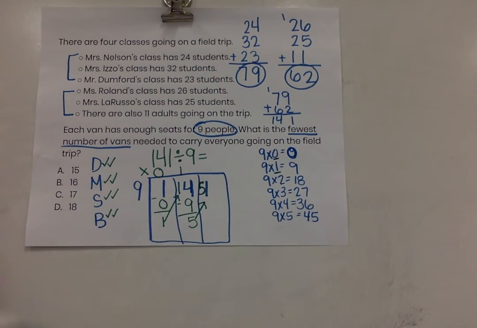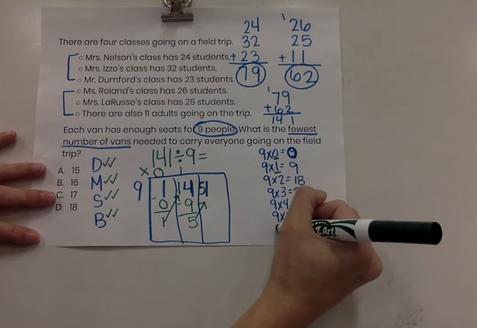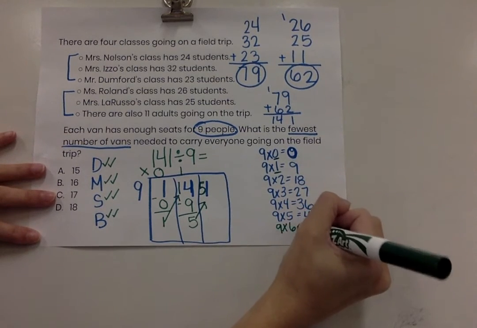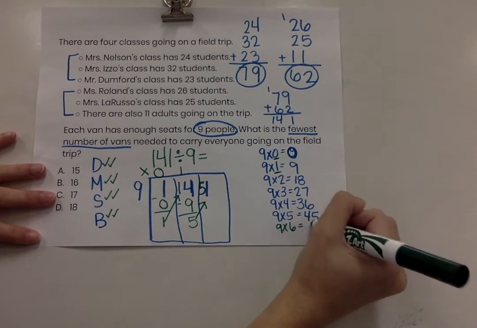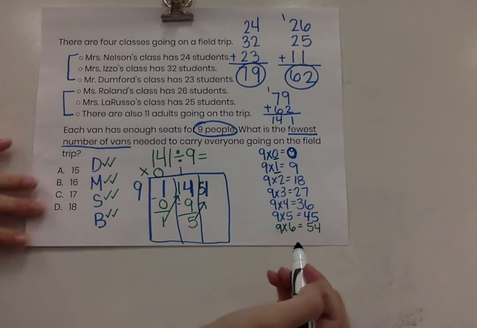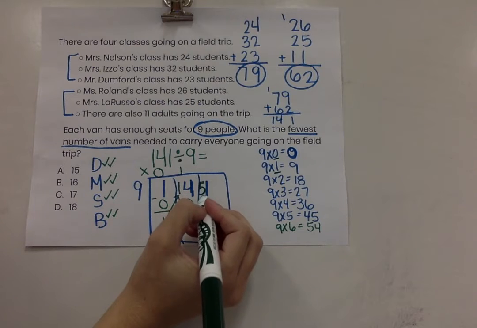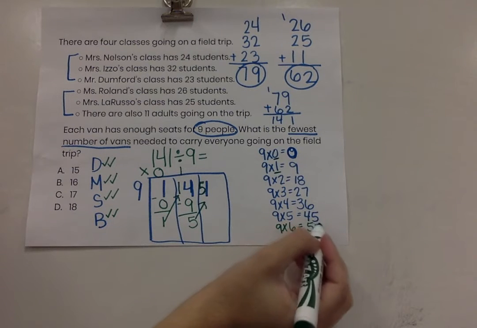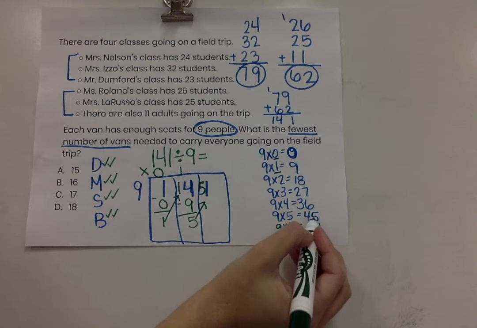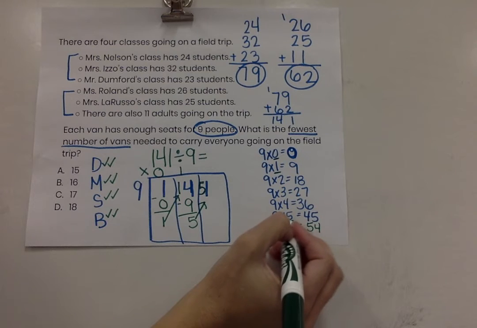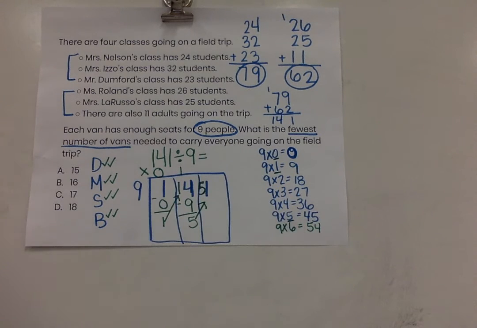So I do need to add some more to my list. So 9 times 6 is 54. Oh, 54 is bigger than 51, so I need to go back up to 45. I know that 9 can go into 51 5 times without going over.